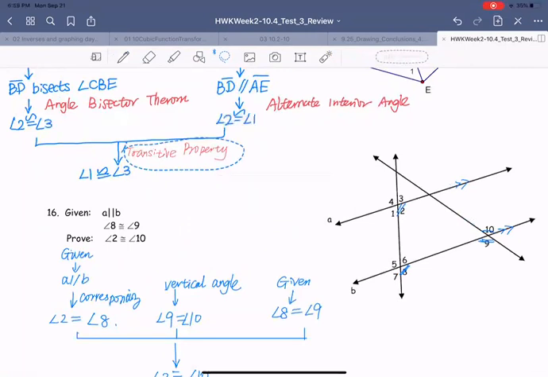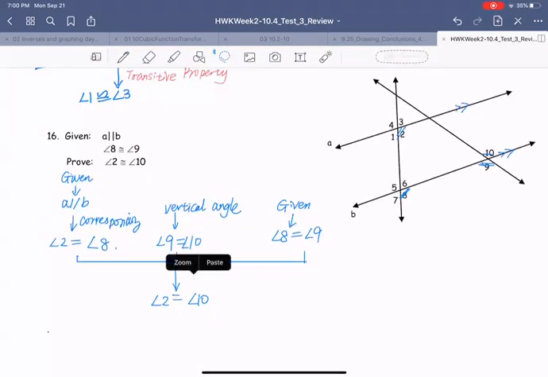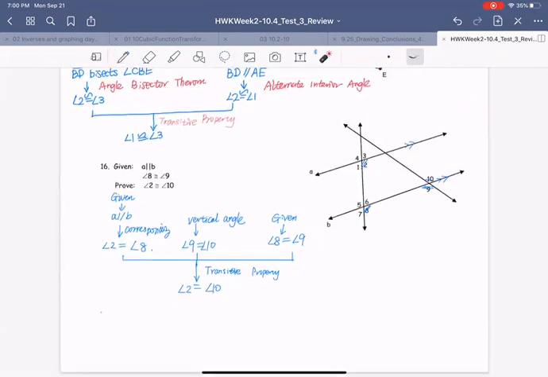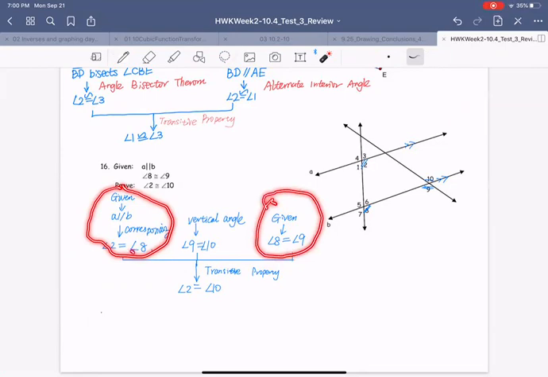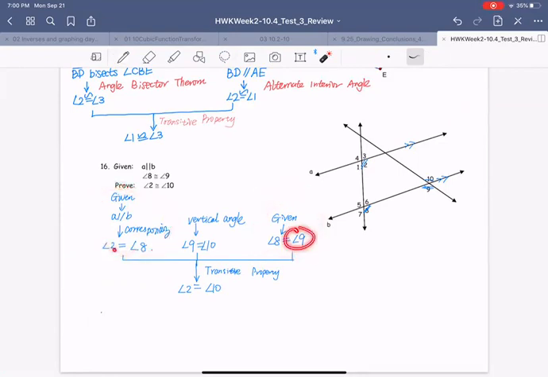At the beginning we may struggle with this question, but after we list this one here, and then this one here, which was given, you see 2 and 8 and 9 are equal, so you know 2 equals 9.